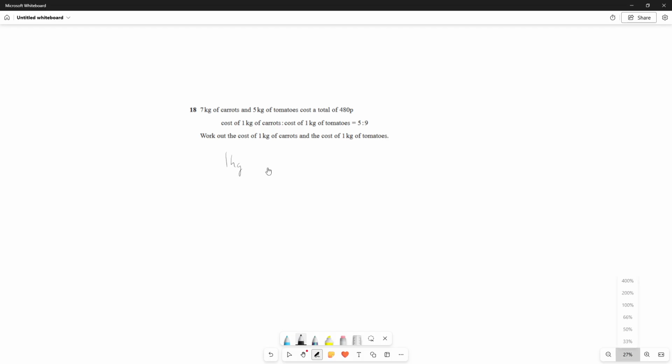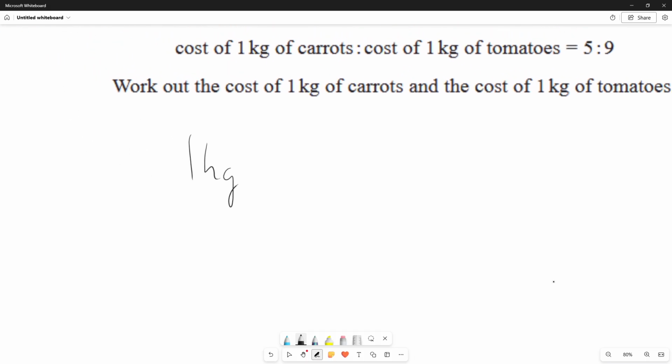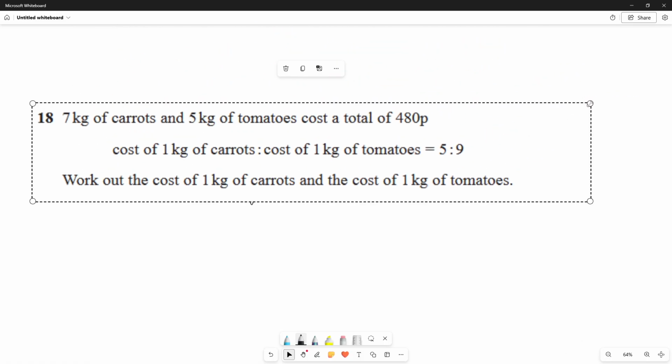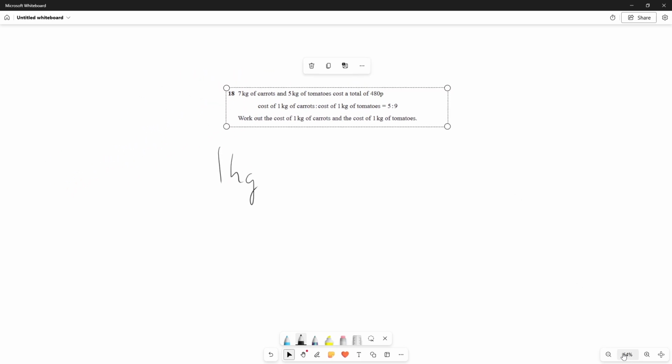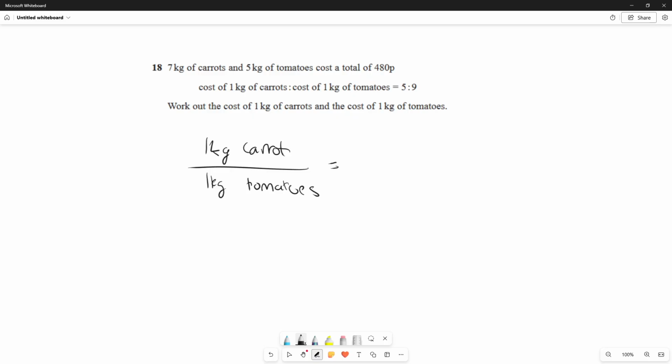So we have 1 kilogram of carrot. Let me just zoom in actually. I'll just make this smaller. There you go. 1 kilogram of carrot to 1 kilogram of tomatoes is equal to 5 to 9.